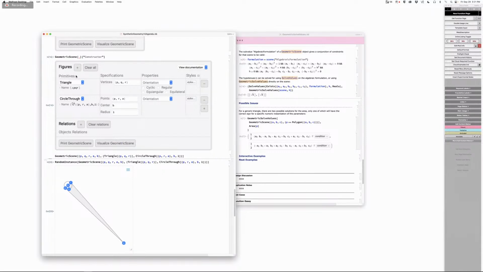Primitives is a very weird word here. I mean, these are the geometric... We discussed for a long time, yes. What's that? We discussed for a long time what's the right word. Objects, probably. Geometric objects, geometric figures.